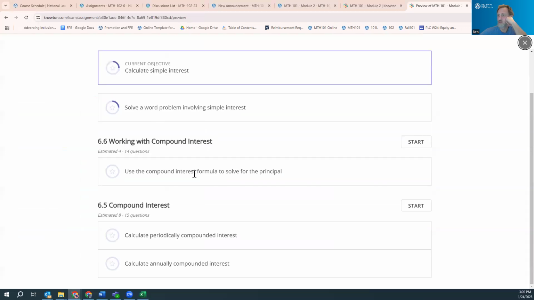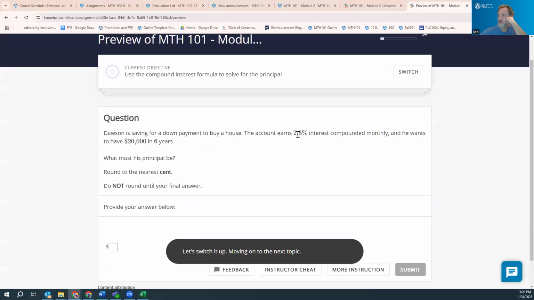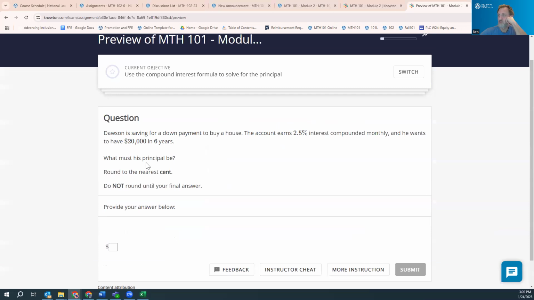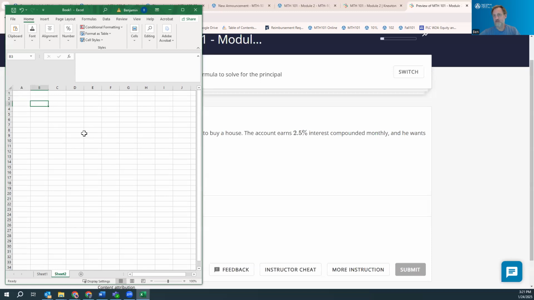Simple. Okay, this looks like it might be hard. 2.5%, 20,000, 6 years. What must this principal be? And so we start with the compound interest formula, similar to how we would start with the simple interest formula here.